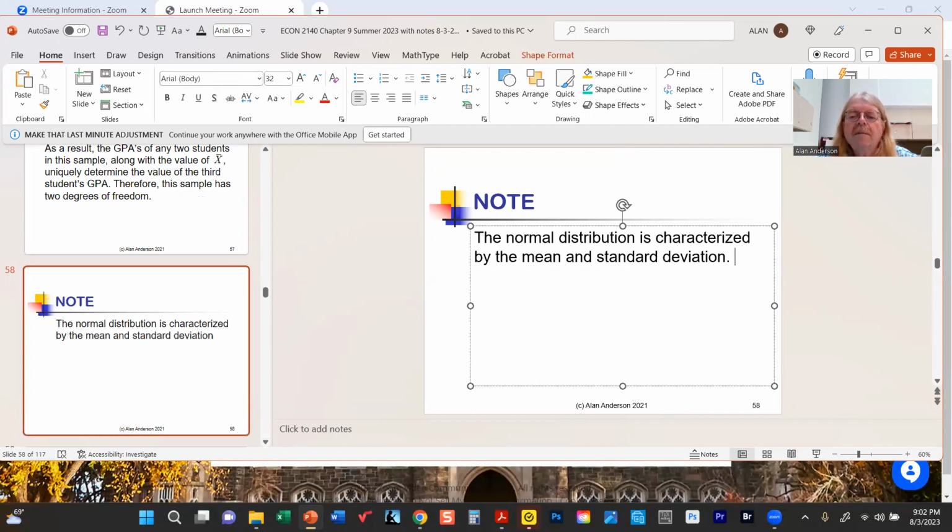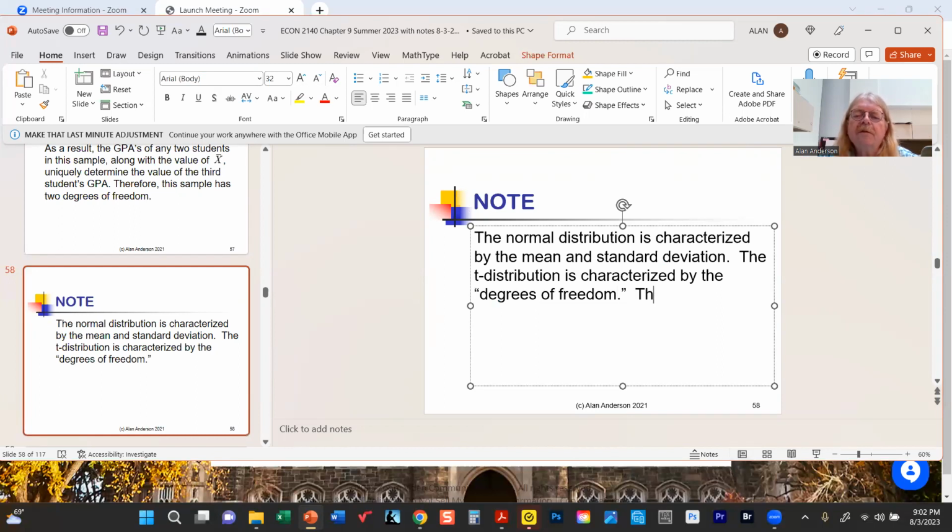All right, we knew that. The T distribution is characterized by a value which we haven't seen yet. It's called the degrees of freedom. We're not going to have time to get into this right now, but the degrees of freedom is closely related to the sample size that is used.